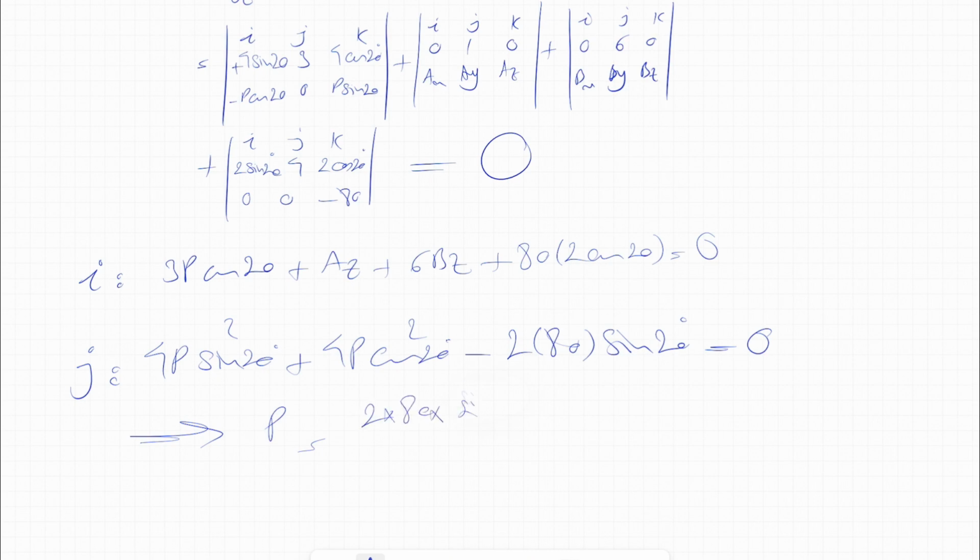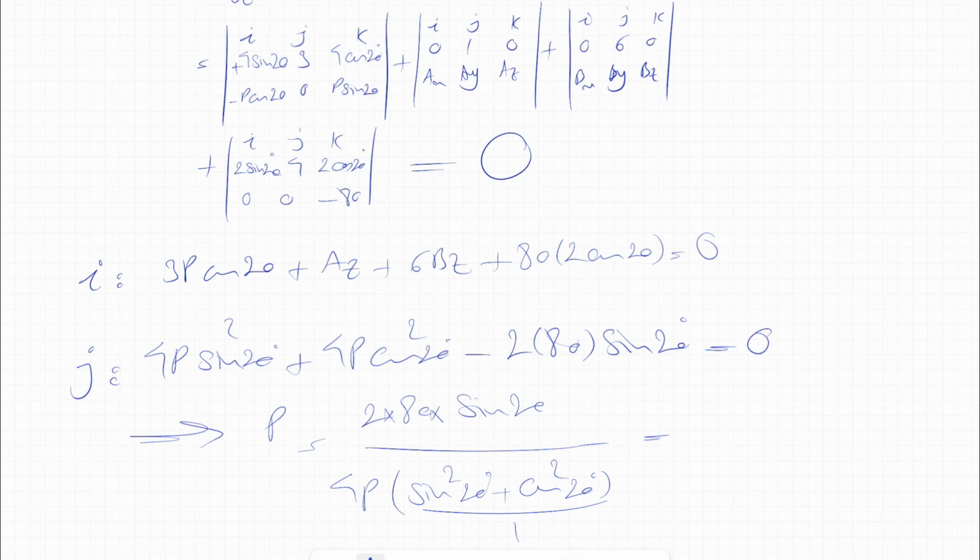So we can find the force P from here, which is 2 times 80 times sine of 20 degrees divided by 4P sine of 20 plus cosine of 20 degrees squared.